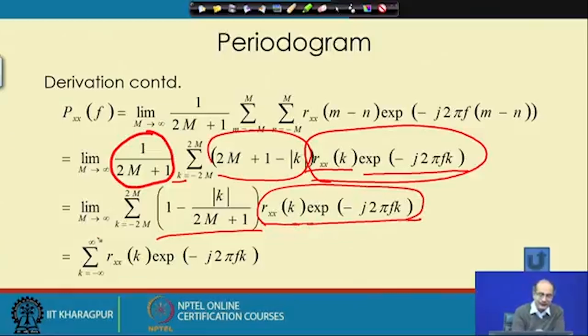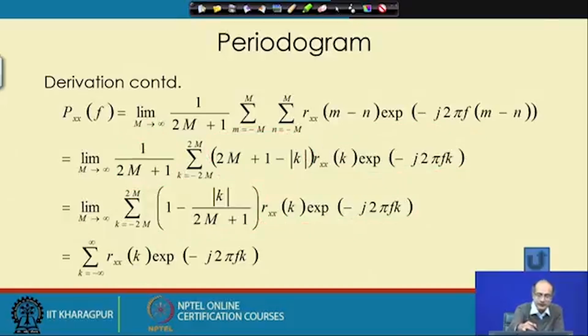Now, taking the limit, so far we have not considered the limit. So, we apply this limit now. Now, limit is on m, and we see these two terms, they are not directly affected, because they do not have terms involving m. What will change? First of all, the index k, that limit, that minus 2m to plus 2m, it will become minus infinity to plus infinity.